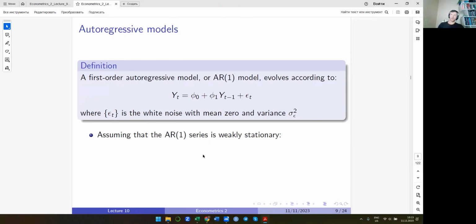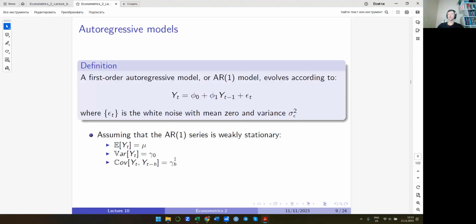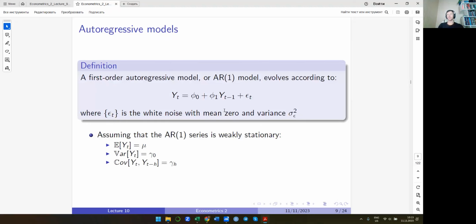If we assume that the AR1 series is weakly stationary, so for now we don't know, but let's assume that it is stationary, then the expected value of yt is mu. Variance of yt is, so these are just some notations. Now, how are they related to the parameters of the model?